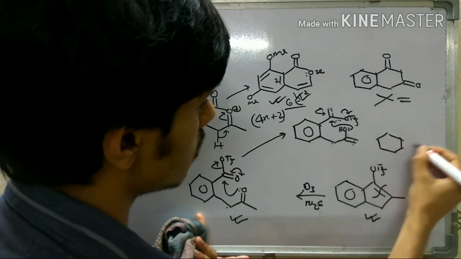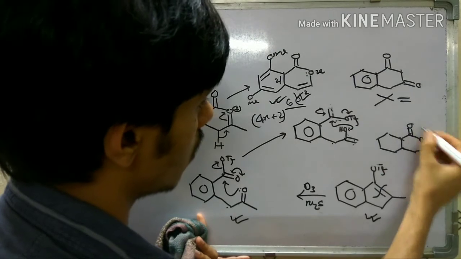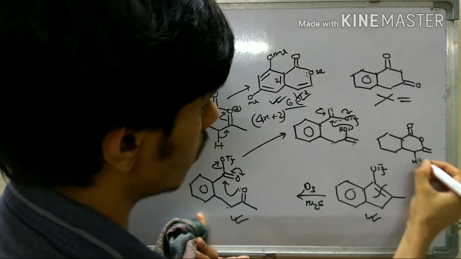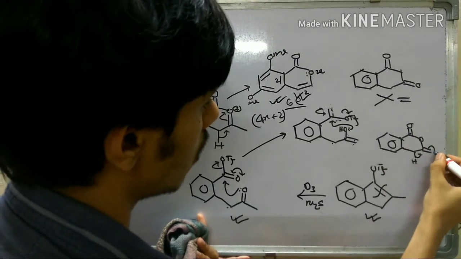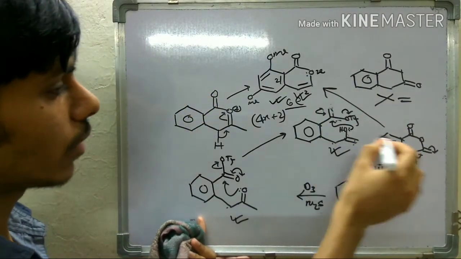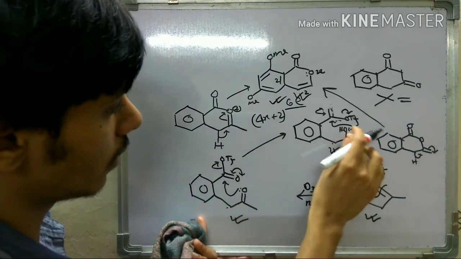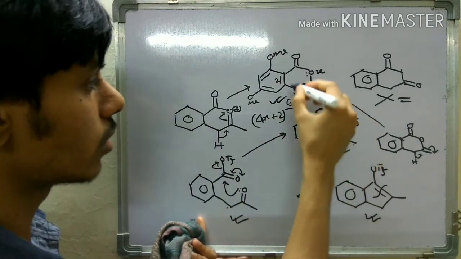You will get this, then this hydrogen can go here and you will get this product. So from this enol you can get the same product, and from the other enol, which I have written as the enol from this side, that will also give the same product.